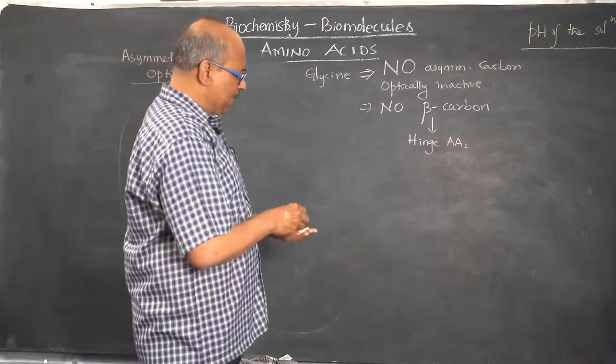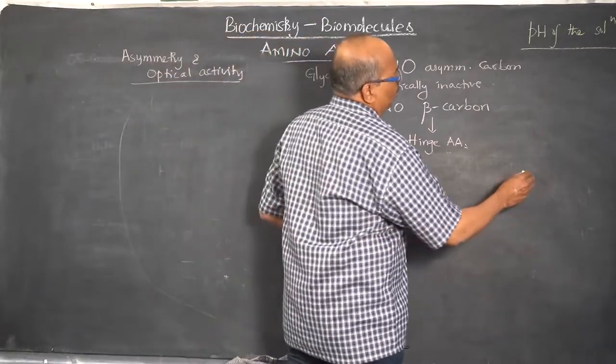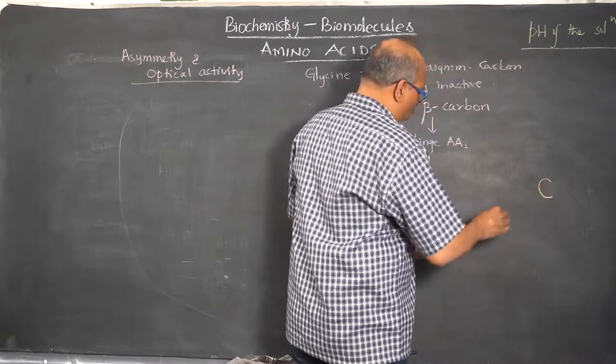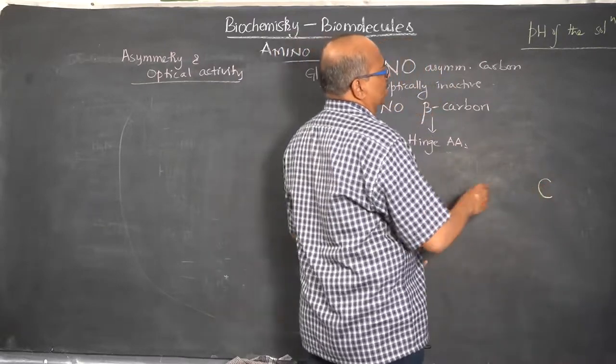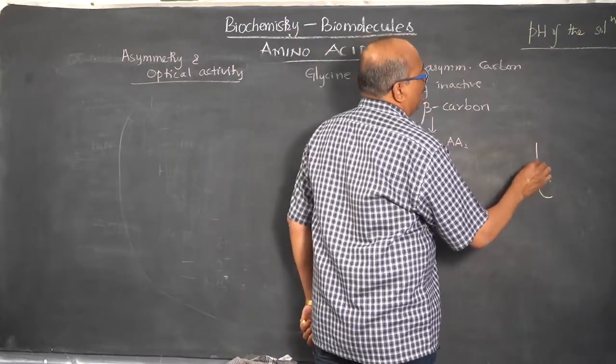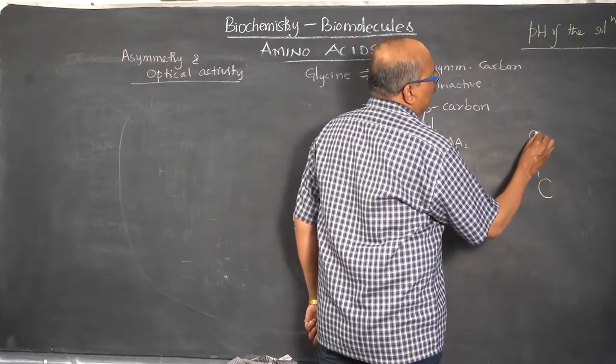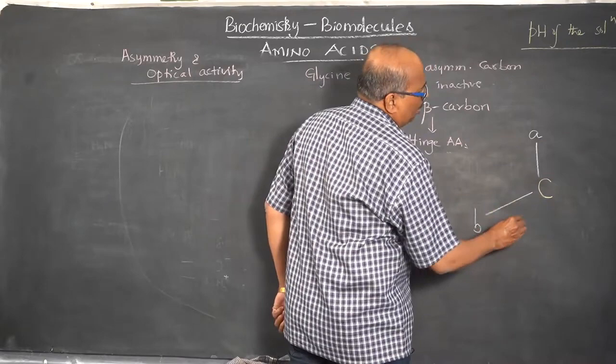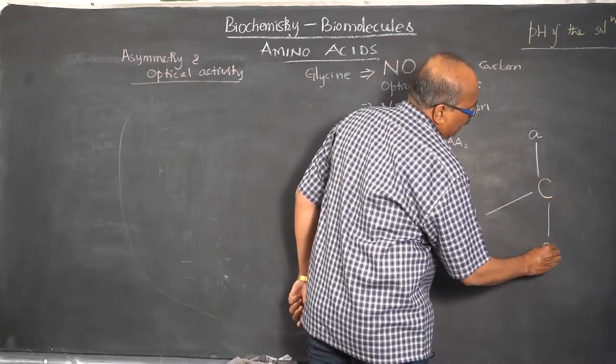Now when you look at the asymmetric center, you have a carbon whose tetravalencies are satisfied by 4 different groups or 4 different atoms.